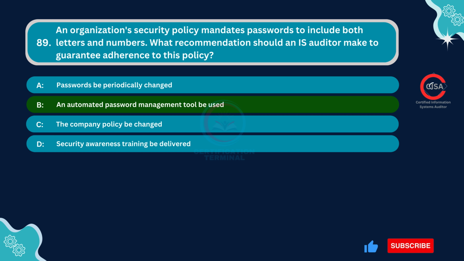Password management tools eliminate this burden by generating and storing strong, unique passwords for each application. Hence, by recommending an automated password management tool, the IS auditor suggests a solution that directly addresses the challenge of enforcing password complexity, as defined in the security policy. This approach reduces the burden on users while ensuring strong passwords are used.